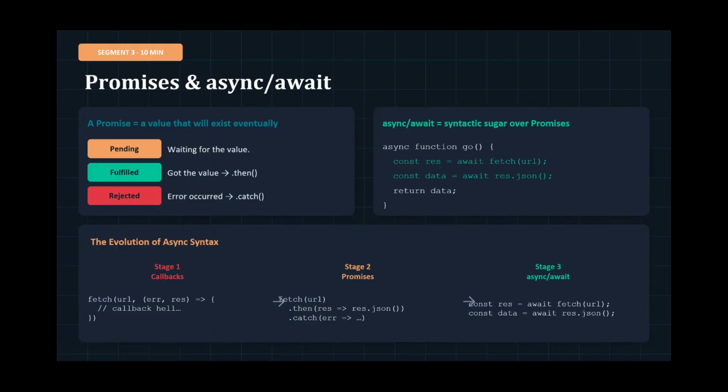The function pauses at that line without blocking the thread until the promise resolves, then continues with the value. It looks synchronous, reads clearly, and handles errors with a normal try/catch. And this is what you will see in virtually every real project.